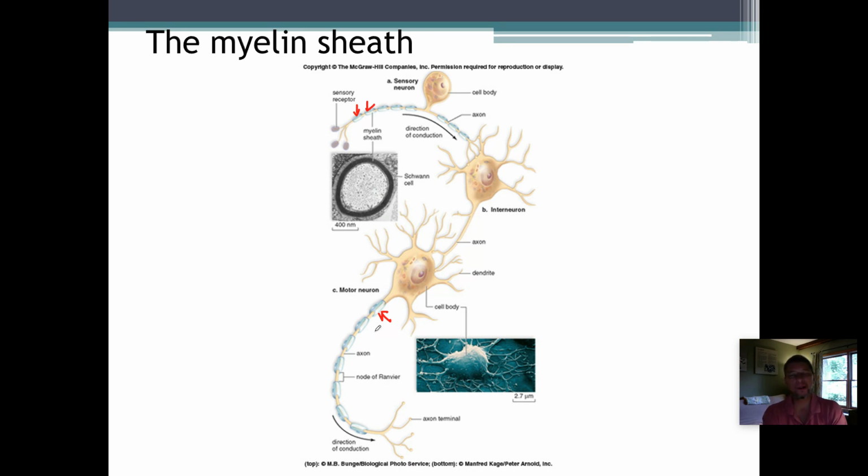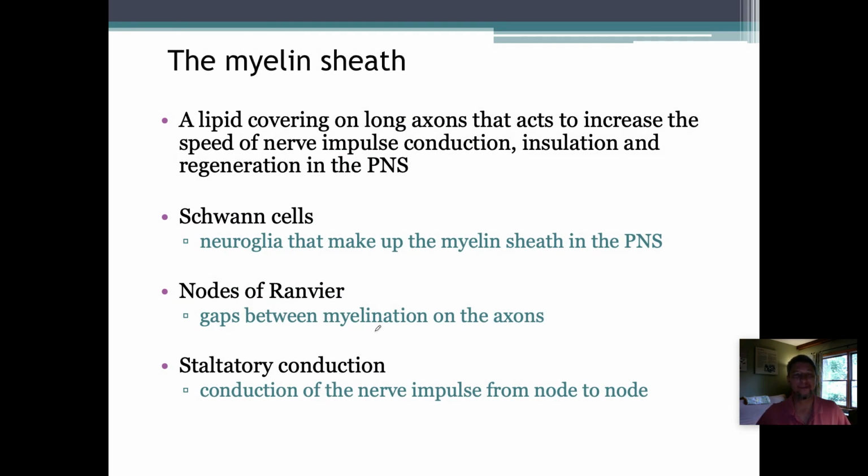Well, the myelin sheath is actually a layer of fats. Lipids are the fancy biological word for fat, and so it's a lipid covering on long axons that acts to increase the speed of nerve impulse conduction, insulation, and regeneration in the peripheral nervous system.